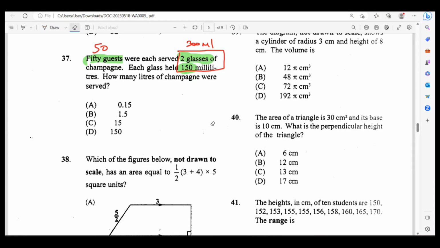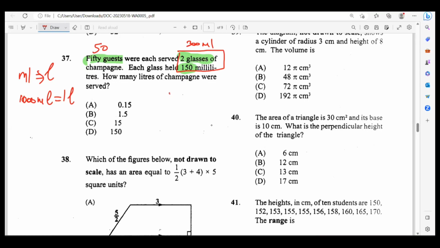So in order to find, so this is still a conversion question. So we're dealing with milliliter to liter, all right? And it takes 1,000 milliliter to give you 1 liter. So if I know how much milliliter I have, I'm good. We're talking about each guest having 300, and it's 50 of them.